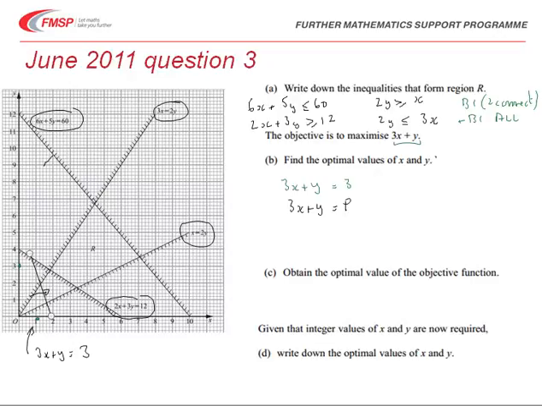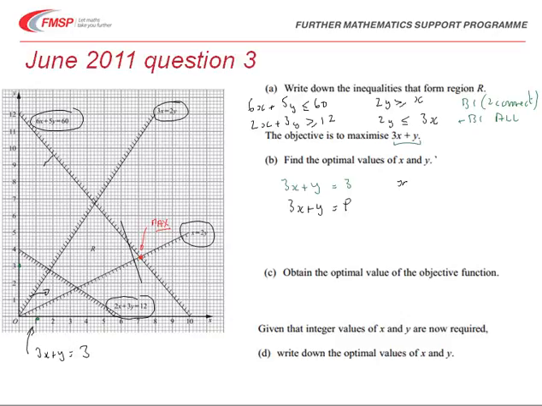We can see, moving it just a little bit at a time, that the point where it leaves the feasible region is the one that's just coming up to there. So let's mark that on our diagram. This intersection is going to be the maximum value. So the maximum value is given by the solution to those 2 line equations.